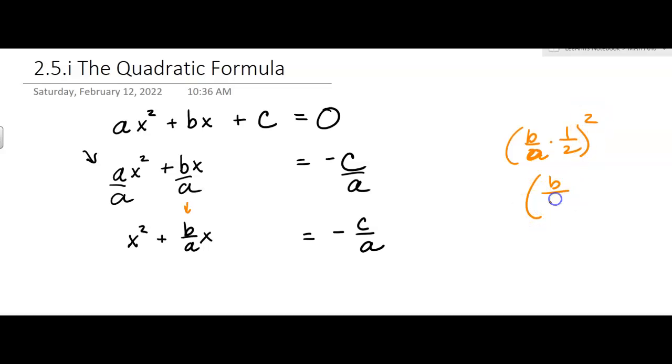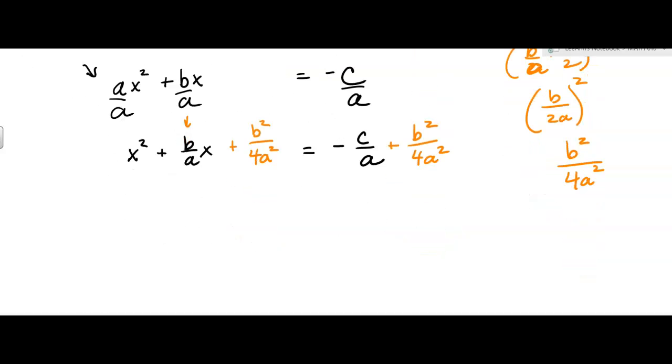So b over 2a, and then I'm going to square it. So I get b squared over 4a squared. Okay, that's what the magic number is. That's what I'm going to add to both sides: plus b squared over 4a squared, plus b squared over 4a squared. Okay, we're on our way now.